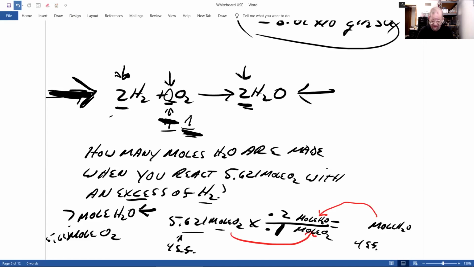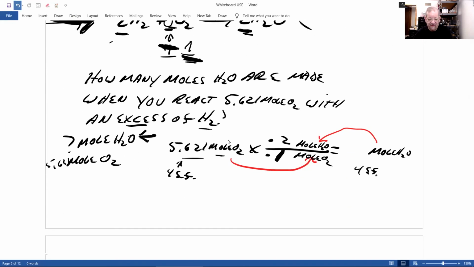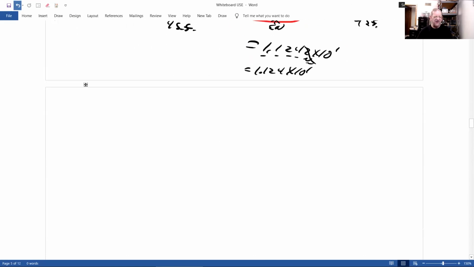Times 2. And my calculator gives me the following number. This is 4 exact numbers. Round this off to 4: keep the 1, keep the 1, keep 2, keep the 4. Use this number to round off, drop it because it's 4 or less. And this is the answer you get.